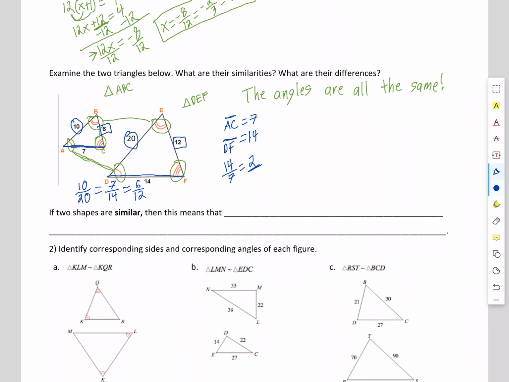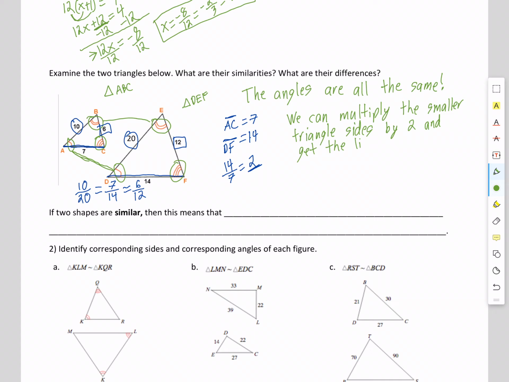So we know that the angles are all the same, but then also we can multiply the smaller triangle sides by 2 and get the lengths of the larger ones, or to get the lengths of the larger triangle.